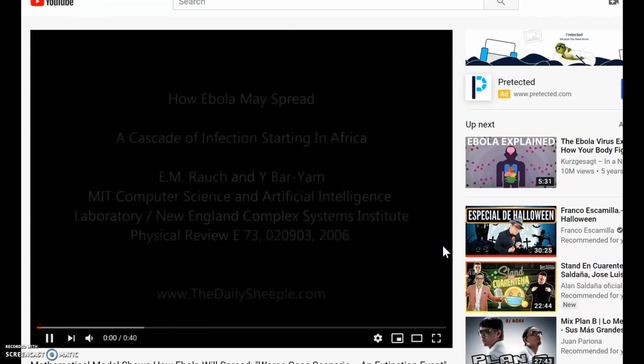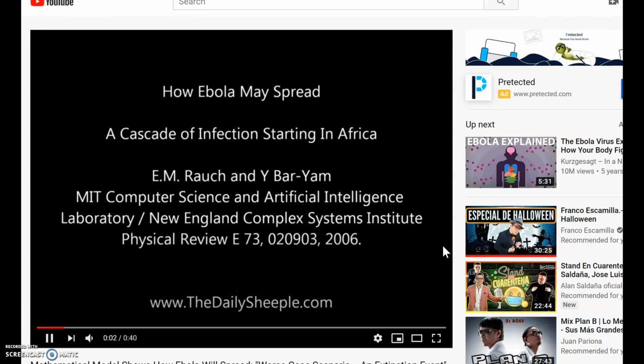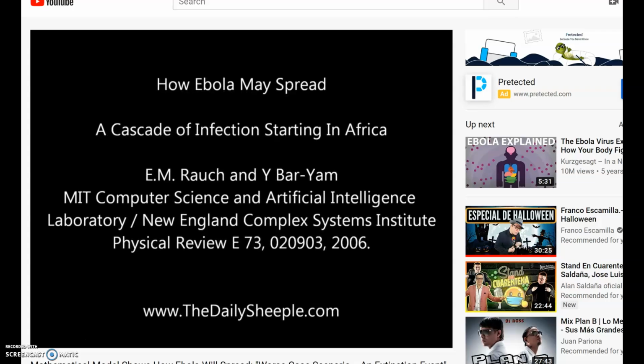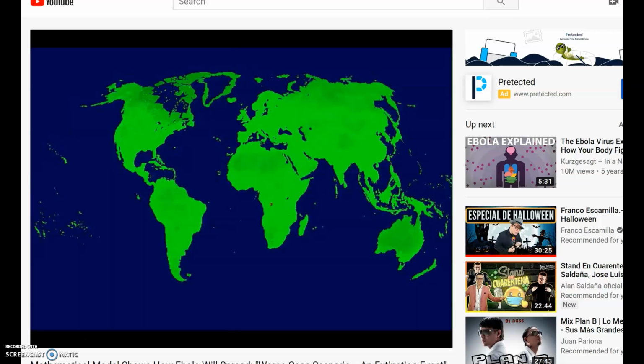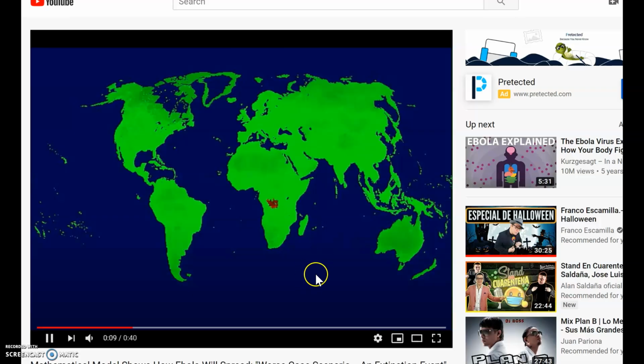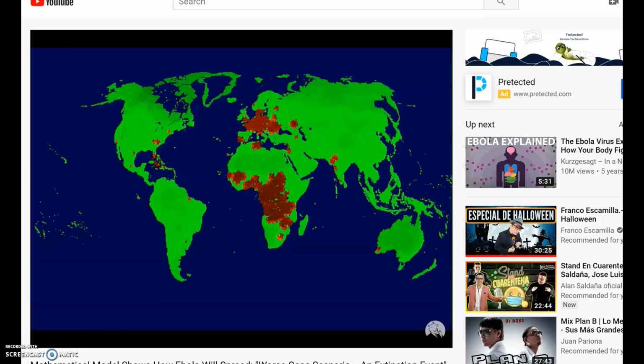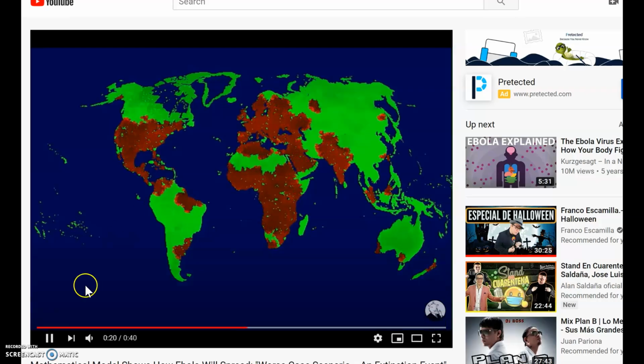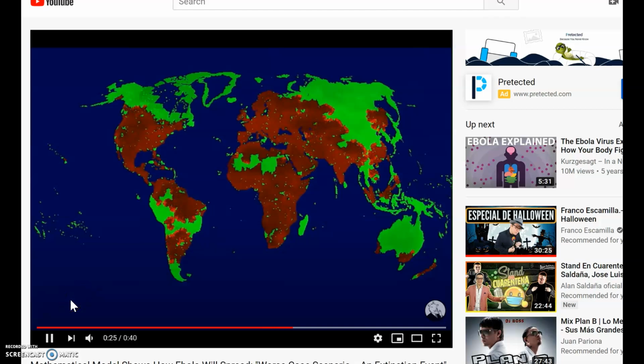This is a hypothetical scenario of what could happen if a virus spreads out. They're looking at Ebola in this particular one. Look at the spread. Technically every part in red represents an infected area as time progresses. Does it look familiar?